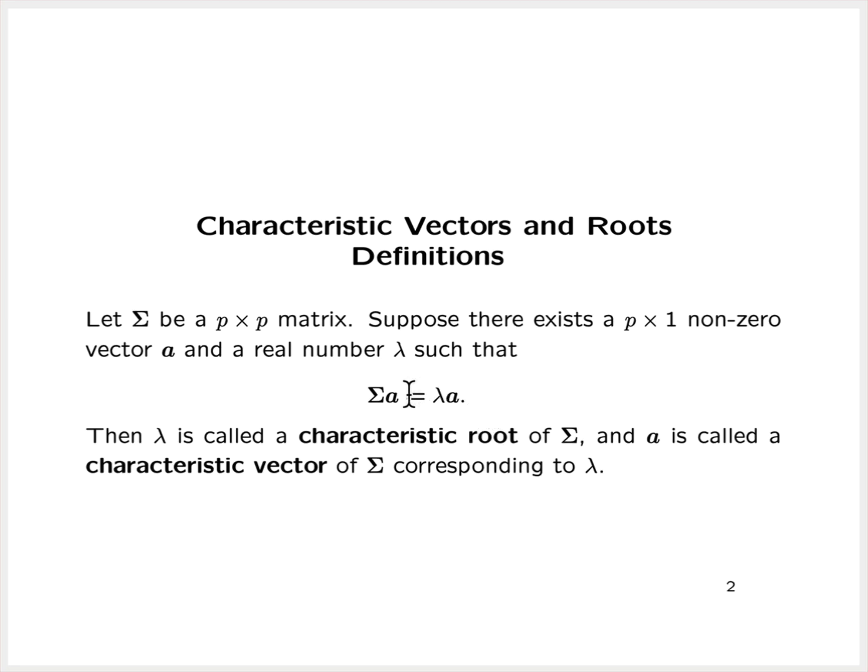So in order for this equality to make sense, we have to have the same kind of object on both sides of the equation, and we do. On each side of the equation, we have a p by 1 vector. And in order for the equality to hold, each corresponding element in those p by 1 vectors has got to be equal.